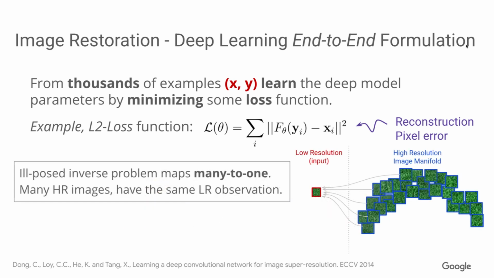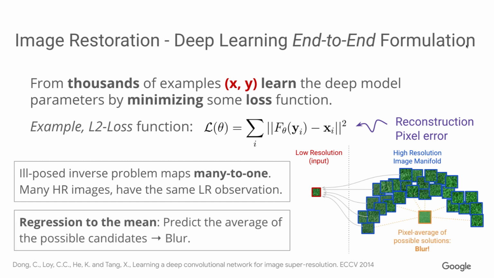Inverse problems, such as image restoration, do not generally have a unique solution. There's typically an infinite number of high-quality images that can lead to the same low-quality observation. This implies that when minimizing the loss function, the network learns to predict the average of all possible solutions.